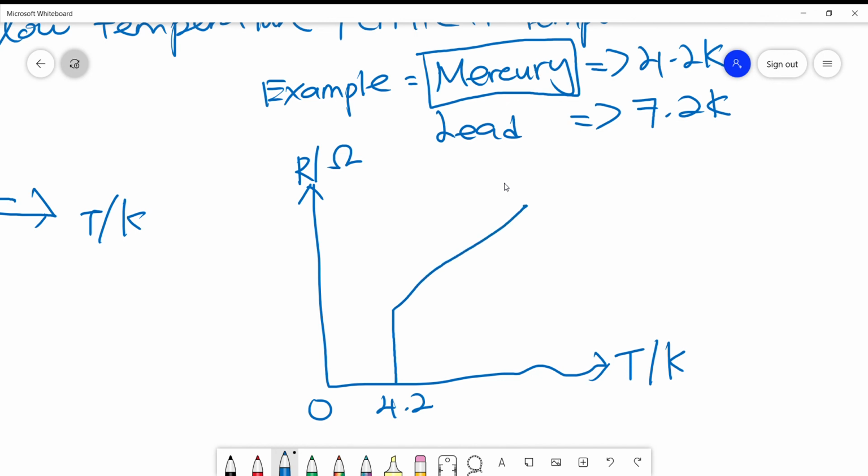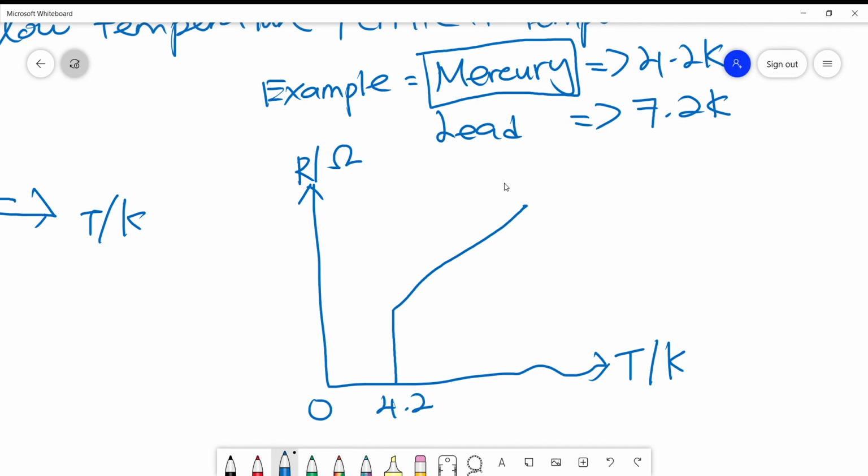When the temperature reaches the critical temperature, the resistance will suddenly decrease until zero. So this is the example graph of resistance against temperature for mercury.